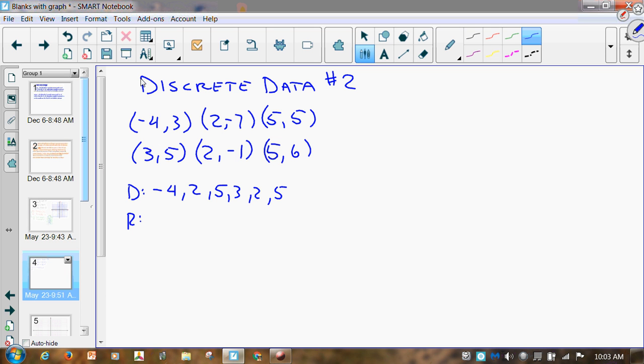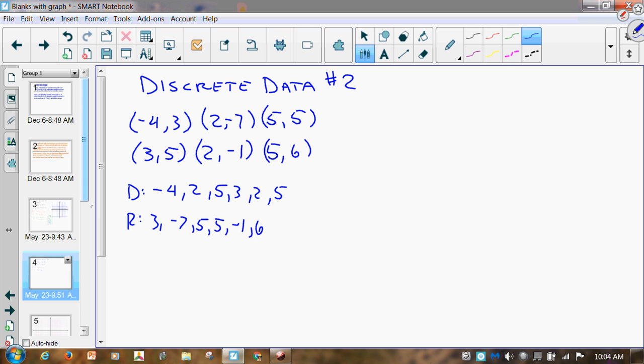So the range list is going to be just listing the values. So 3, -7, 5, 5, and 2. Oops, I'm sorry. It should be -1. I was looking at the wrong one. Back up here a little bit. Okay. 5, -1, and 6. Okay.